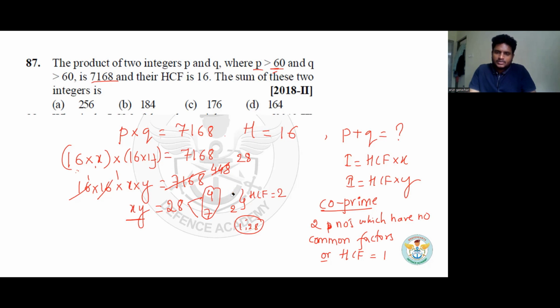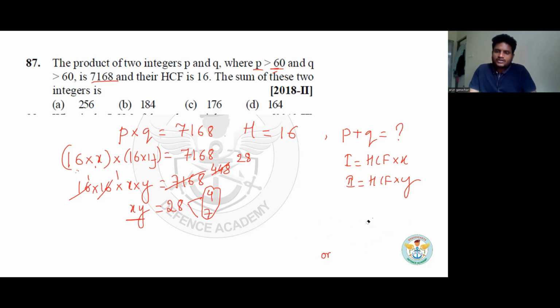Your first number is HCF into X. I have taken HCF as 16 and X as 4, and this I'll take as Y. So my first number will be 16 into 4, and the second number will be 16 into 7. What is 16 into 4?